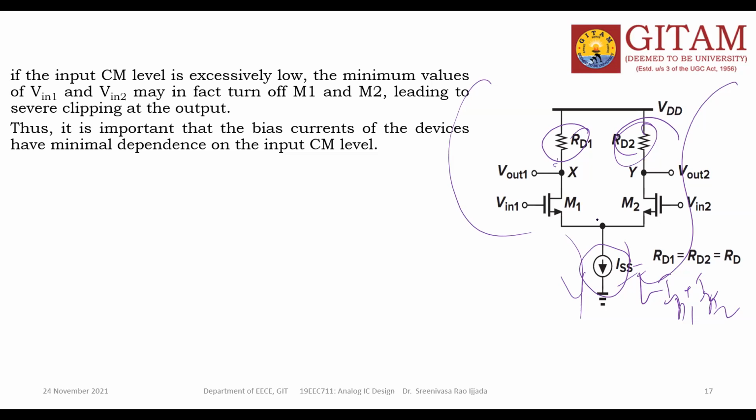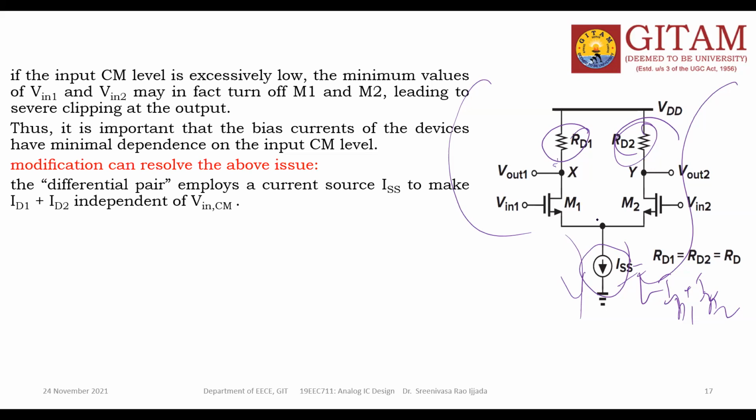So by adding the current source, the earlier circuit is modified like this, and now the transistor switch on is not depending on the common mode. Modification can be done by this.